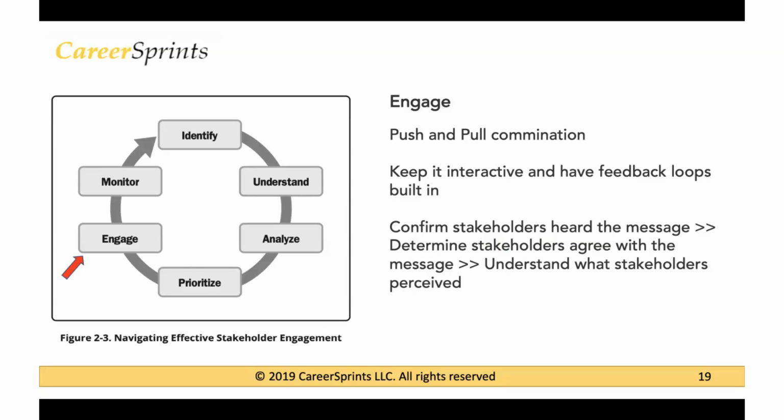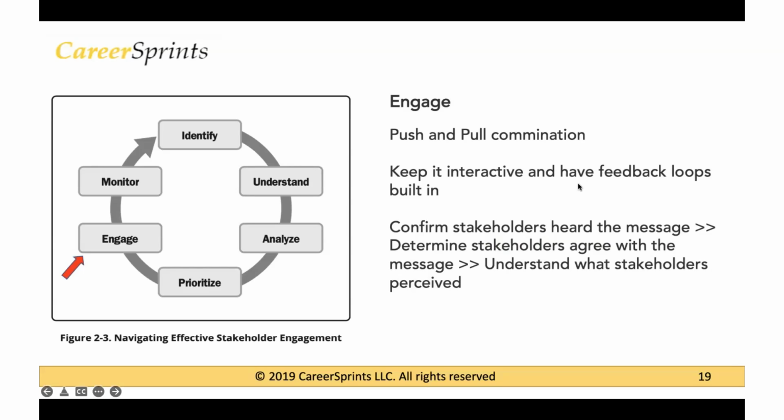So initially you may have to do a lot of pushing, but once a certain amount of pushing is done and people have seen your information, they have seen your emails, or they have been exposed to your information, then they may automatically want to come and pull from your website, for instance.